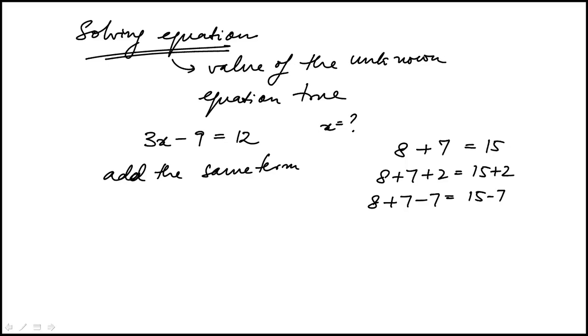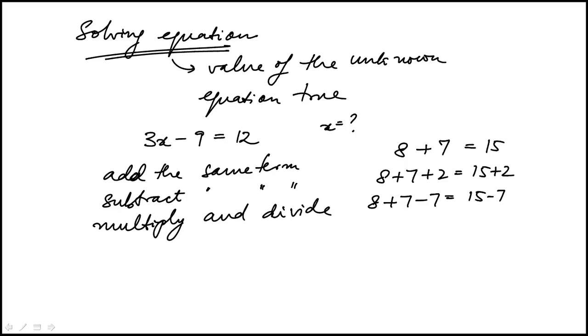So you can add or subtract the same term from both sides of the equation. You can also multiply and divide by the same number. You just have to make sure when you're multiplying and dividing that it has to be non-zero, because division by 0 is not defined.